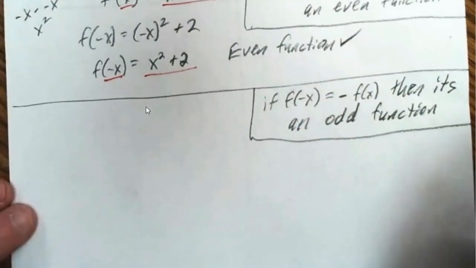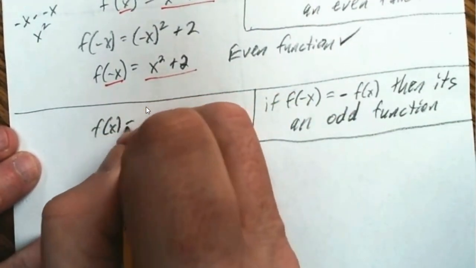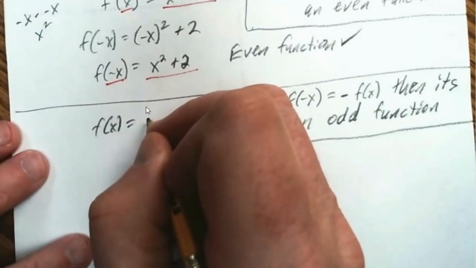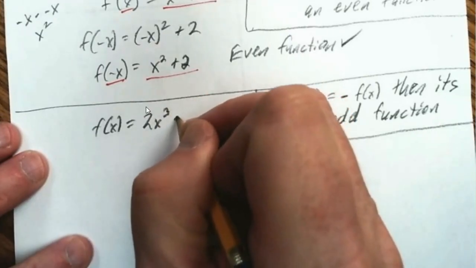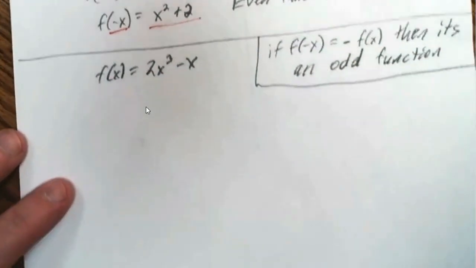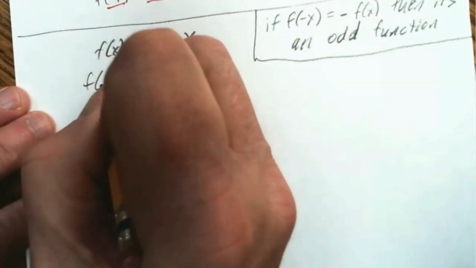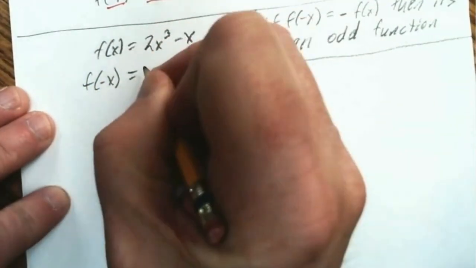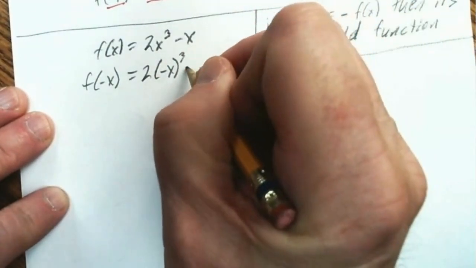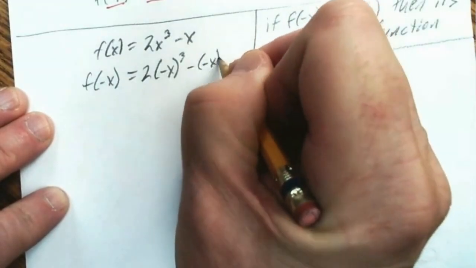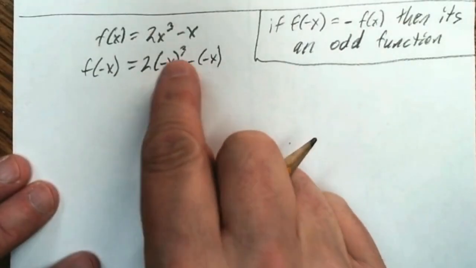So let's check one here. So if we have f of x equals, let's see, 2x to the third minus x. 2x to the third minus x. And we're going to give it the same test we did above, as we're going to substitute negative x. So 2 times negative x to the third power minus negative x. So what's negative x to the third power?